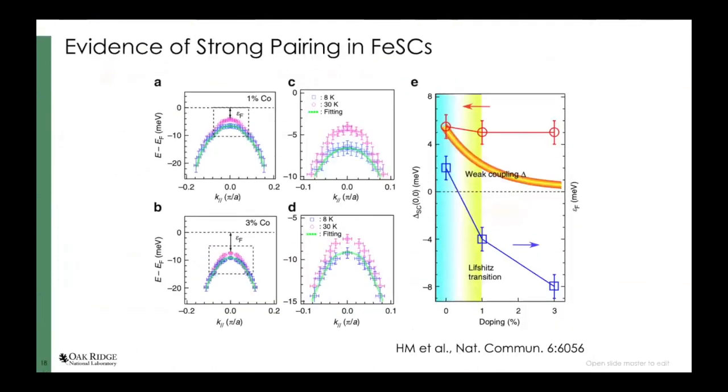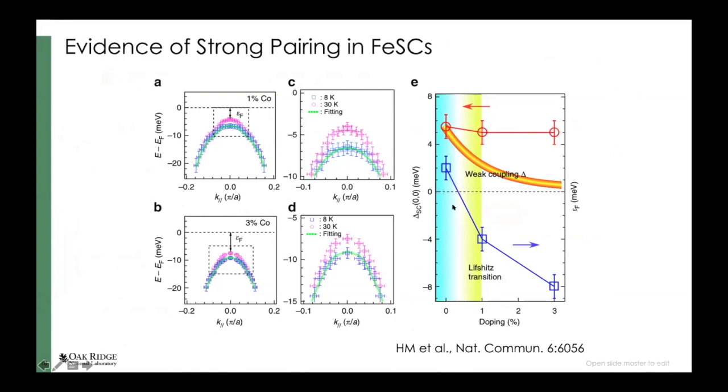The second evidence that we think it is strong pairing is we are able to measure a superconducting gap on a band that does not cross EF. As we're showing here, in the normal state, the band is already below the Fermi energy, and you can still measure the superconducting gap and extract the gap size.